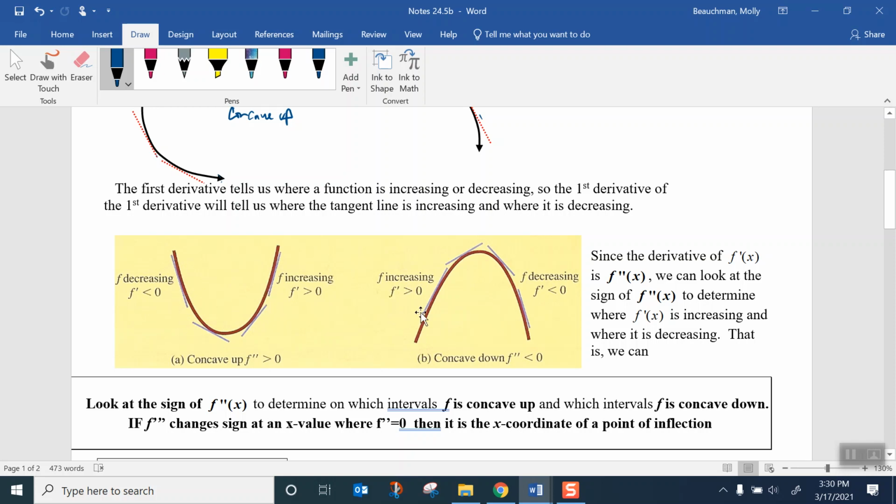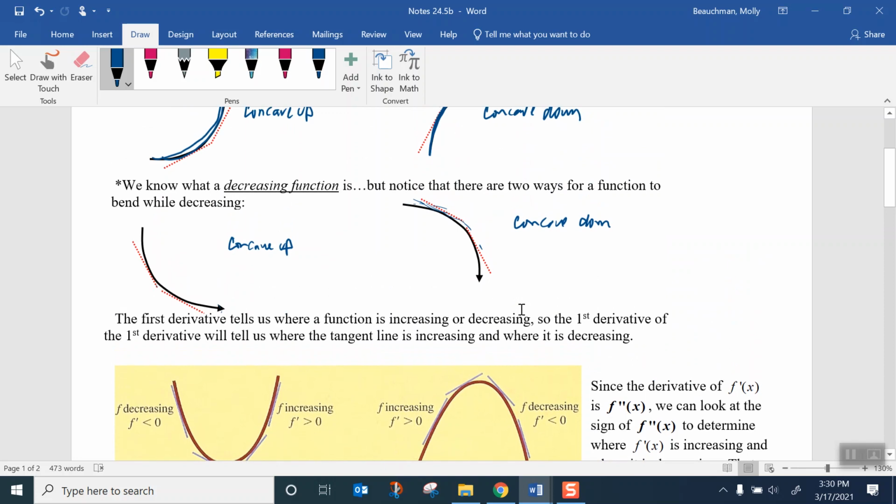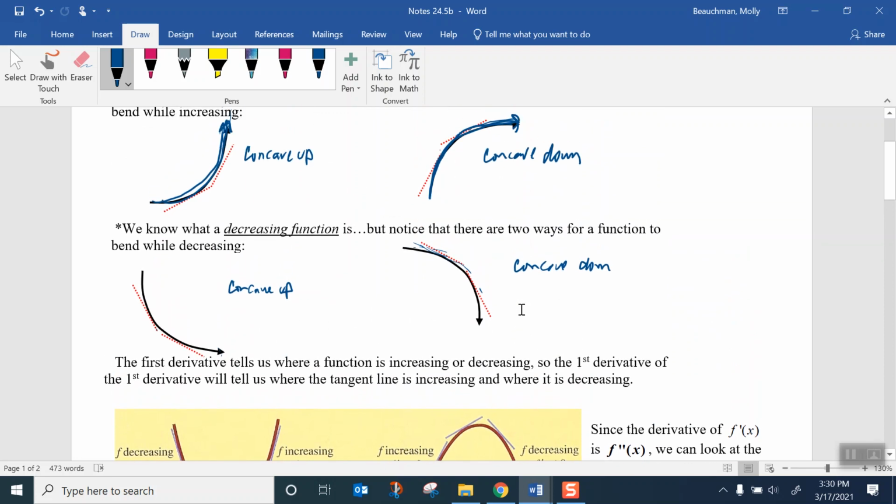Then in the next function, f is increasing, then it's decreasing, but the entire function is concave down. As your slopes increase and then decrease, these two together are concave down, and these two together are concave up.